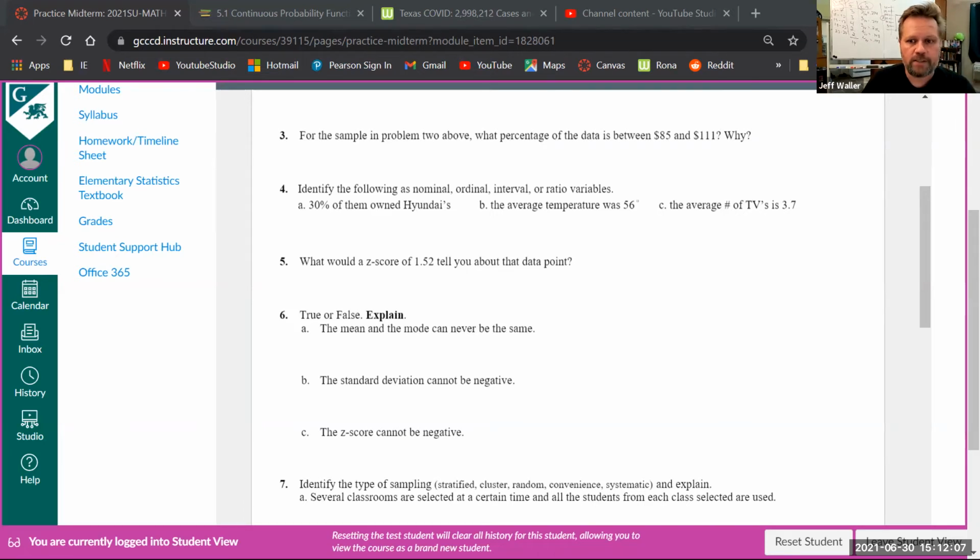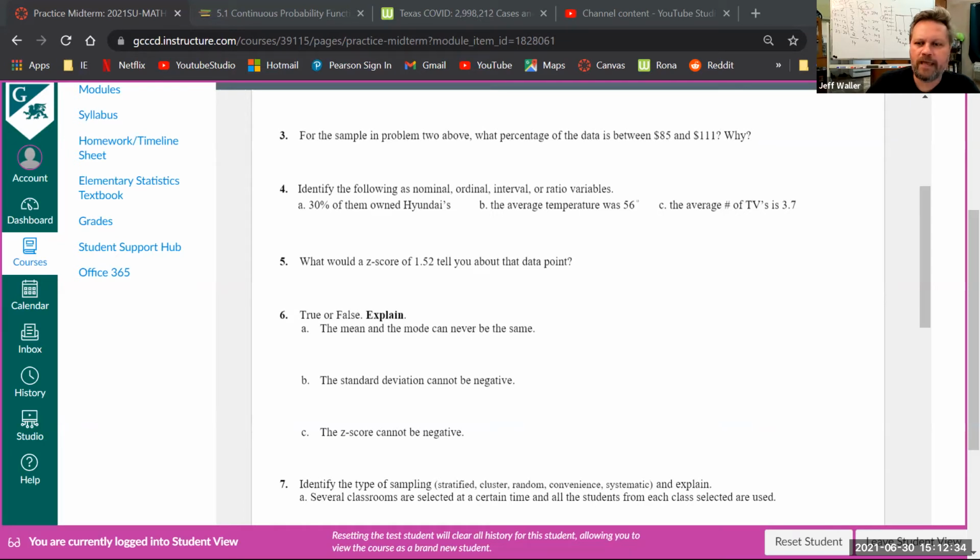Now, if you've paid attention, I've done this kind of problem before. I would put 30% had Hyundais, 20% had Ford, 30% had Chevy, 17% had the Volkswagen, or whatever. We always want it to be nominal. You can categorize the name.